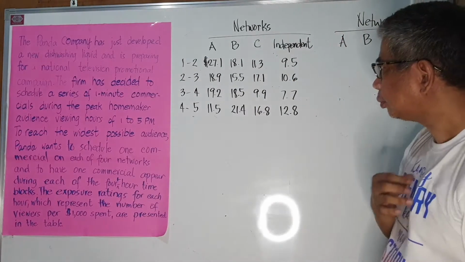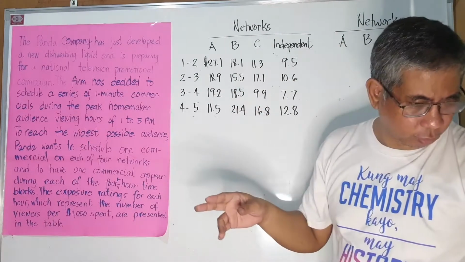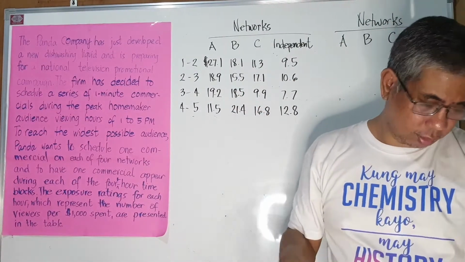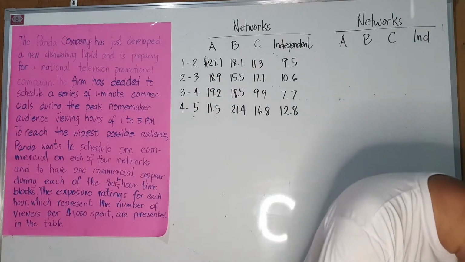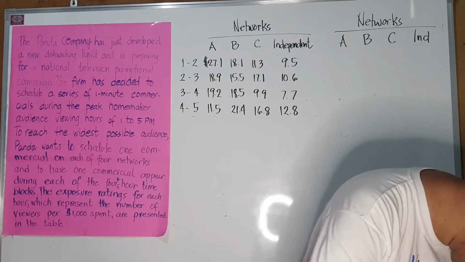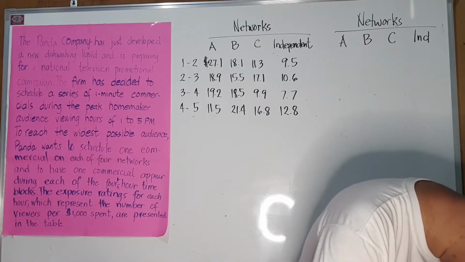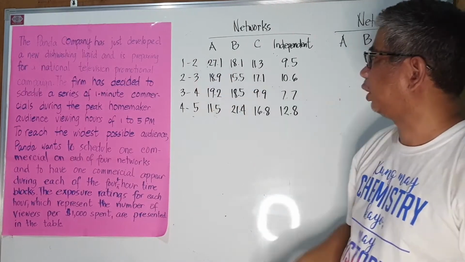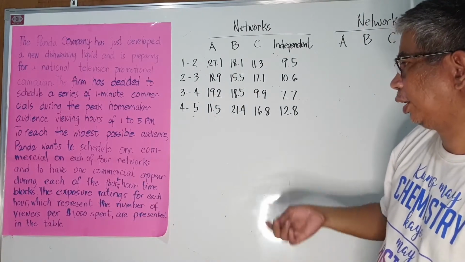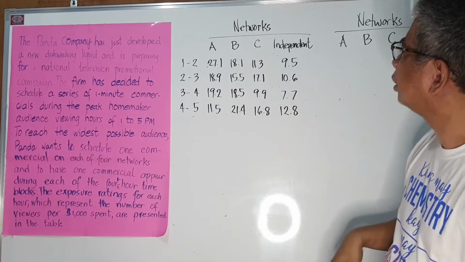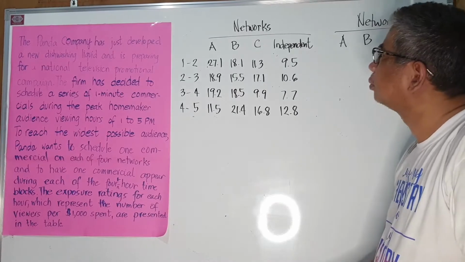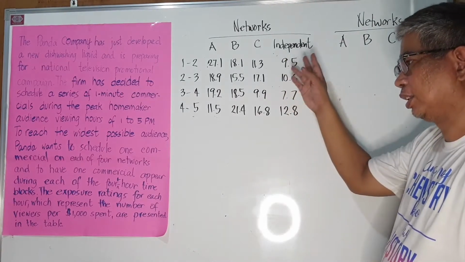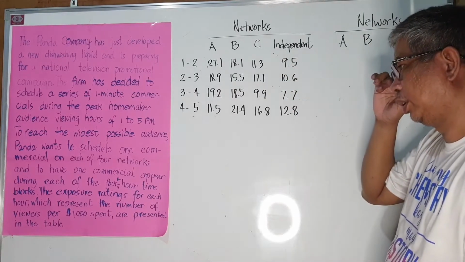Okay? So, 27.1, not dollars. So, 27.1 ratings per $1,000. Okay? So, for example, this is the maximum exposure.